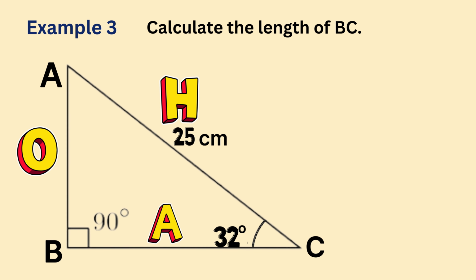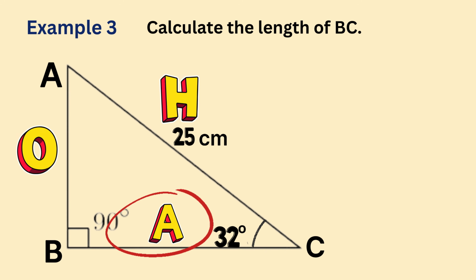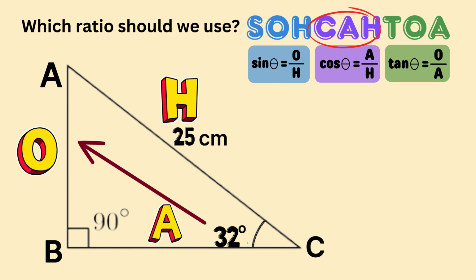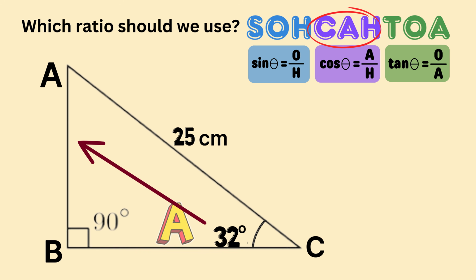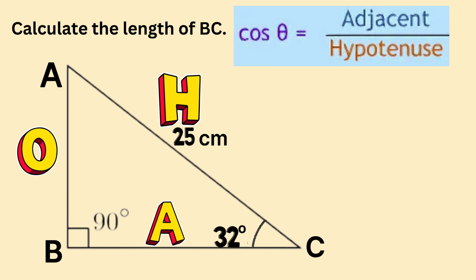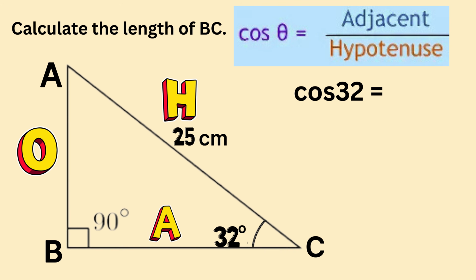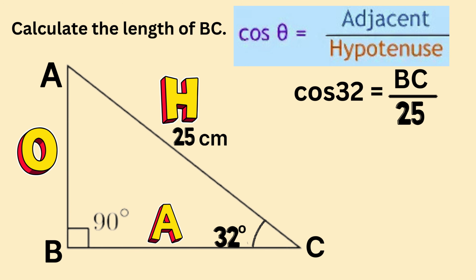We were asked to calculate the adjacent, and we are given the hypotenuse. Now, which ratio has A and H? You are correct, the cosine ratio, which states that cosine theta equals adjacent over hypotenuse. The angle theta is 32 degrees. The adjacent side is BC, and H is 25.